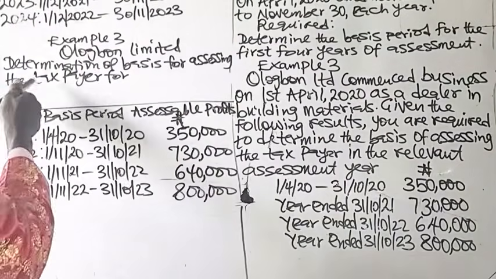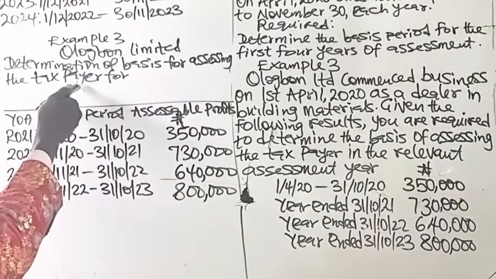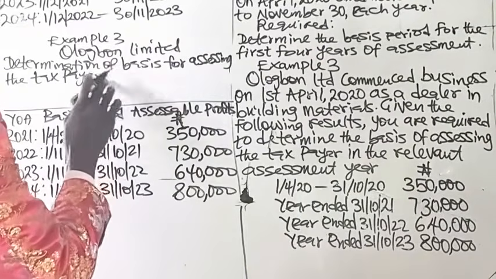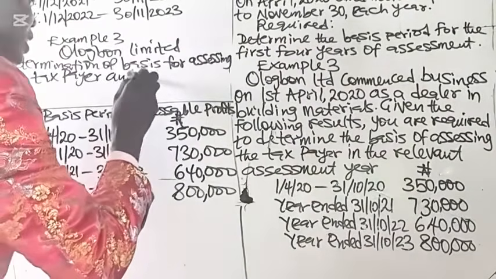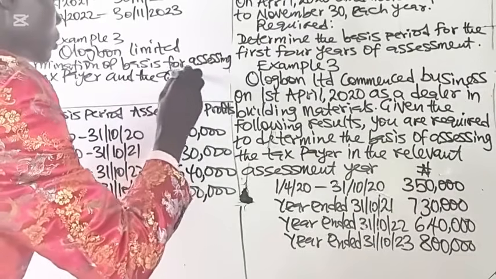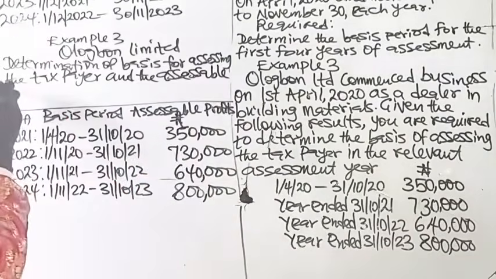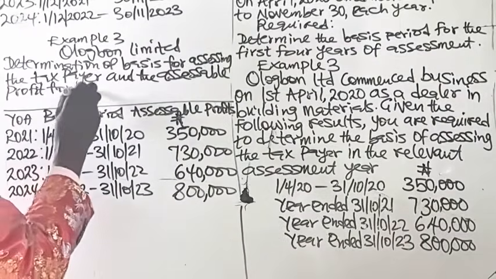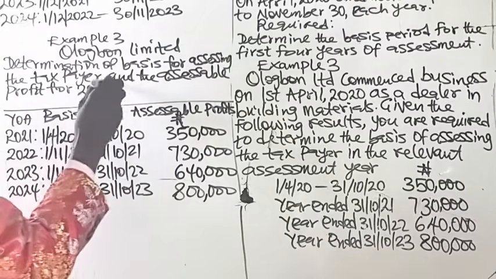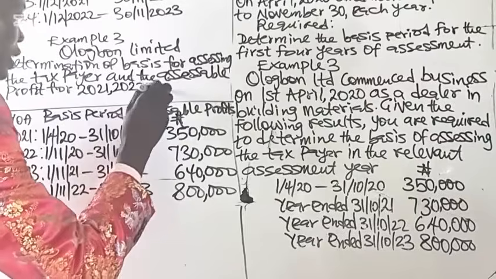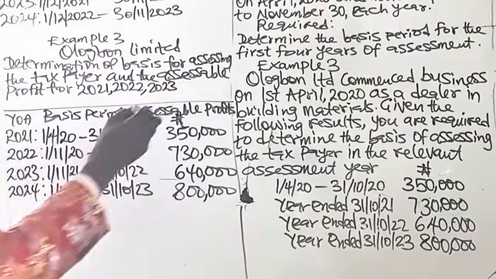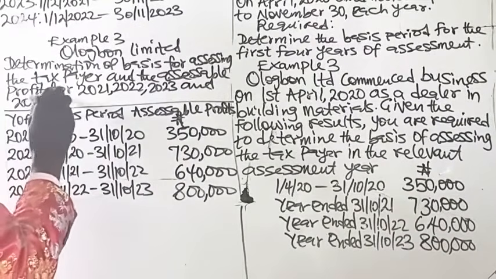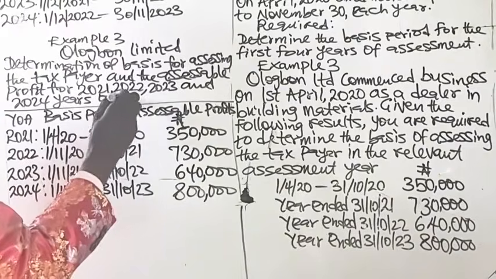So the determination of basis period for assessing the taxpayer and the assessable profit for 2021, 2022, 2023, and 2024 years of assessment.